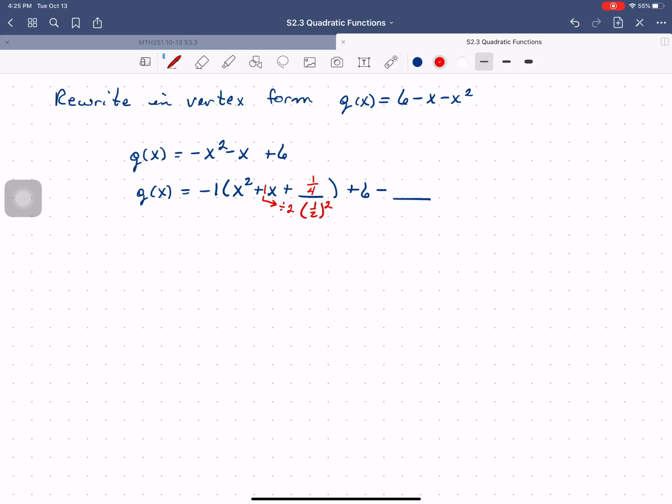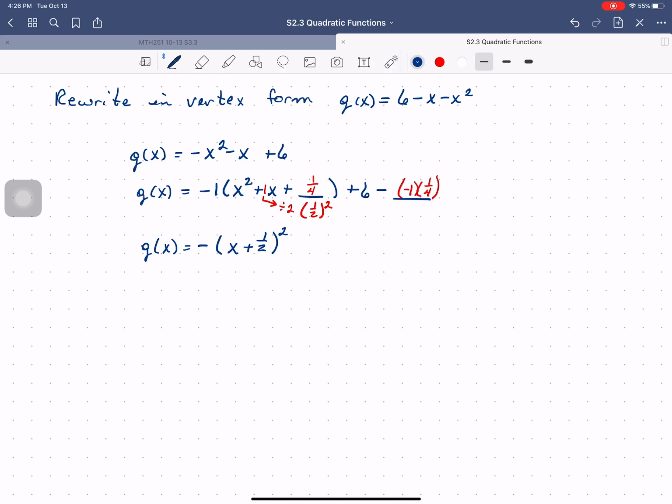Now, what have I actually added? What I have actually added is negative 1 times 1/4. So I'm going to subtract negative 1 times 1/4. So my function now can be rewritten as negative 1 times this trinomial factored, (x plus 1/2) squared.